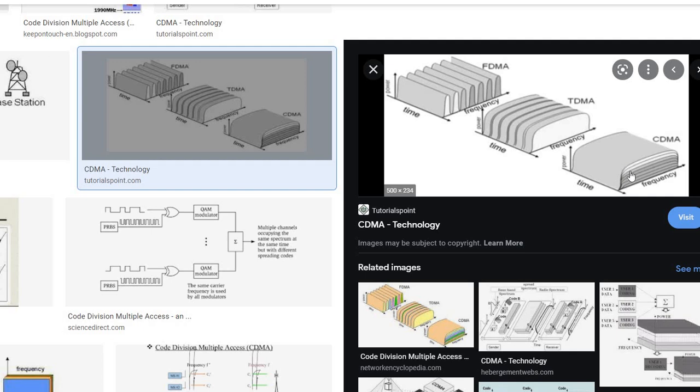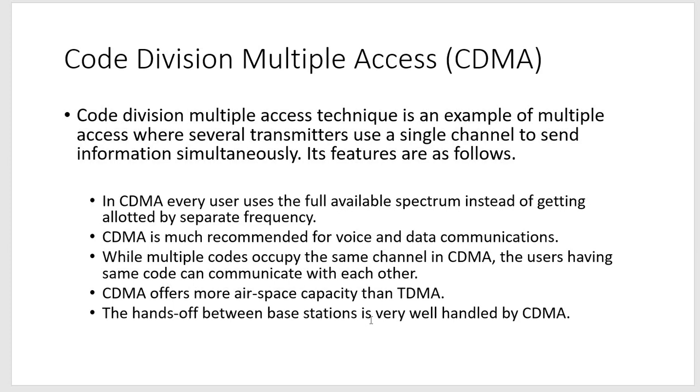There is no slicing. This is the full frequency bandwidth allocated based on the code amplitude. So every user uses the full available spectrum instead of being allocated a separate frequency.